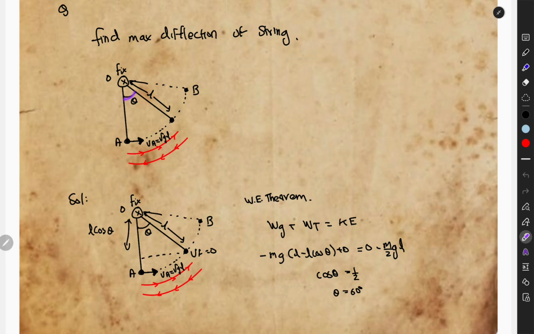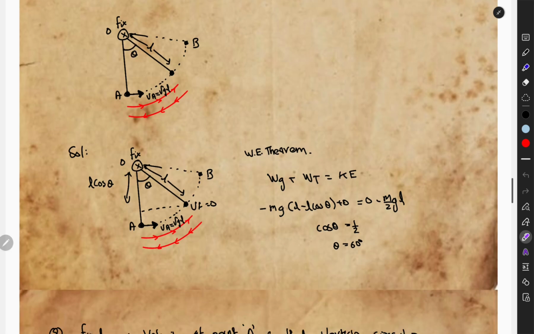So we need to find the maximum deflection, which is theta maximum. Fine. So yeah, simple case. At the maximum deflection, the velocity is equal to 0, because further than that it won't move. That's why we call it maximum deflection. It's gonna change the direction. In that case, the final velocity will be equal to 0.